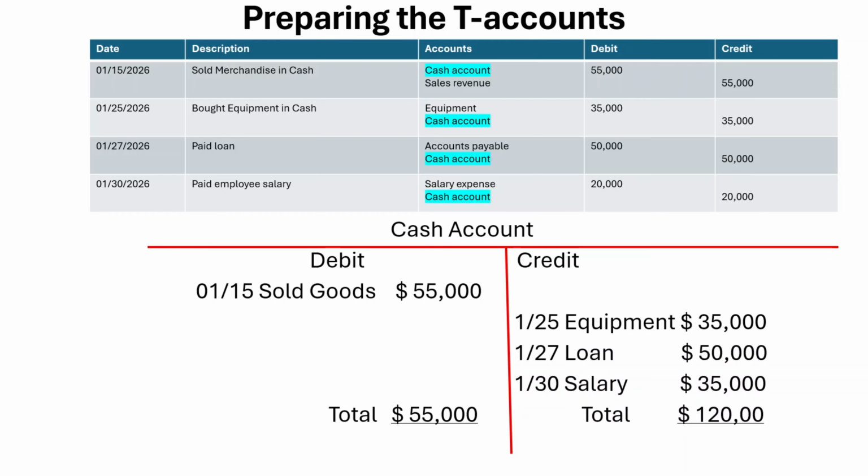On the debit side, we have a total of $55,000, and on the credit side, we have a total of $120,000. The balance will be the debit minus the credit side, which is 55,000 minus 120,000, which brings a balance of negative $65,000.